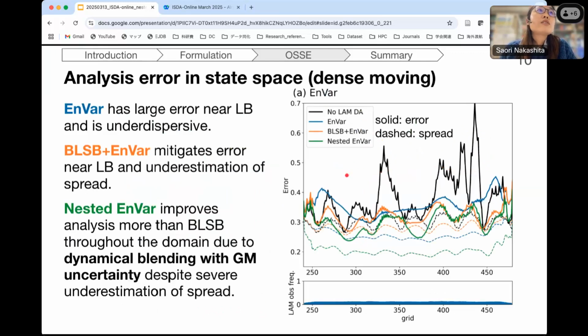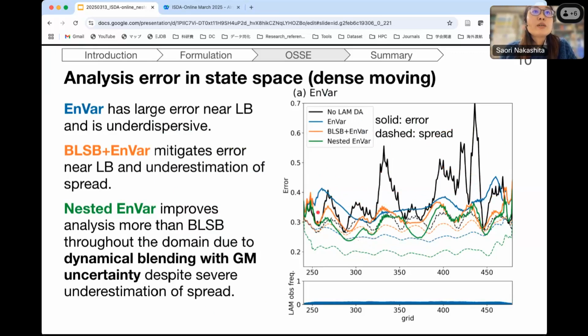This figure shows the analysis error in state space for EnVar experiments with moving observations. Black curve shows NoLAM-DA errors, and NoLAM-DA has relatively large error in the right part of the LAM domain. EnVar in blue curve has large error near the lateral boundaries and is under-dispersive in the entire domain.